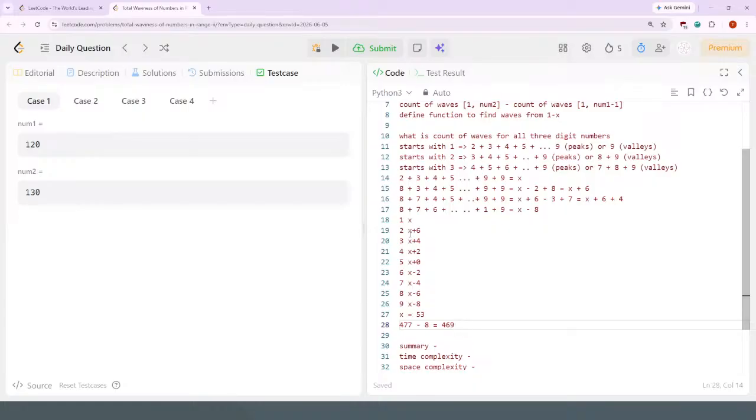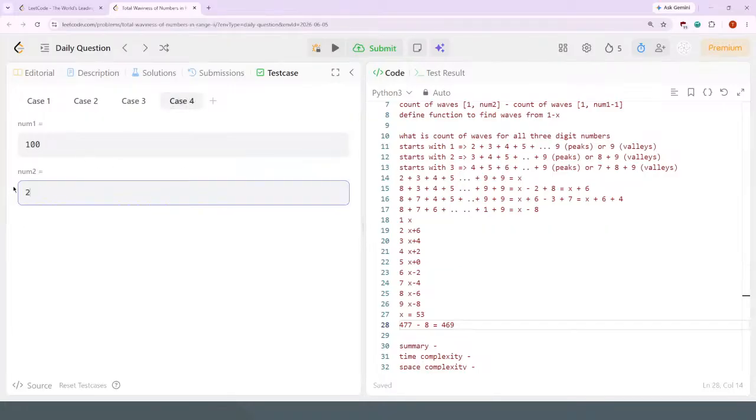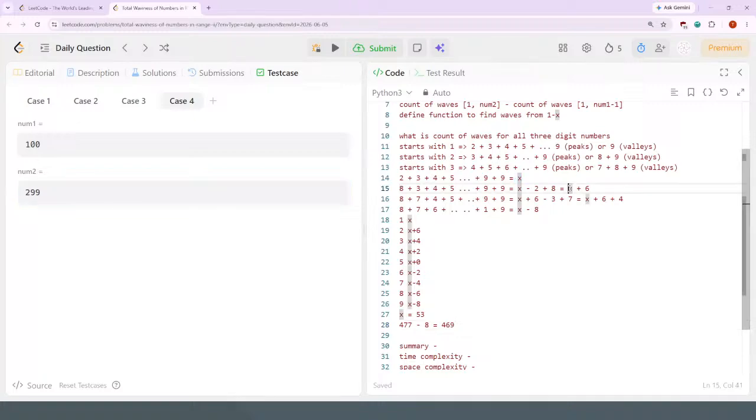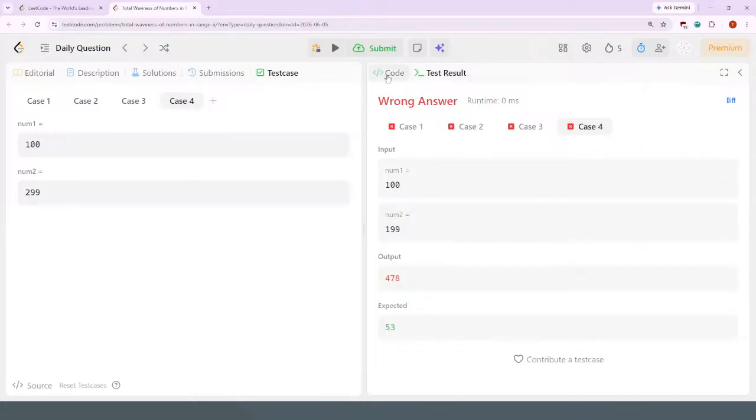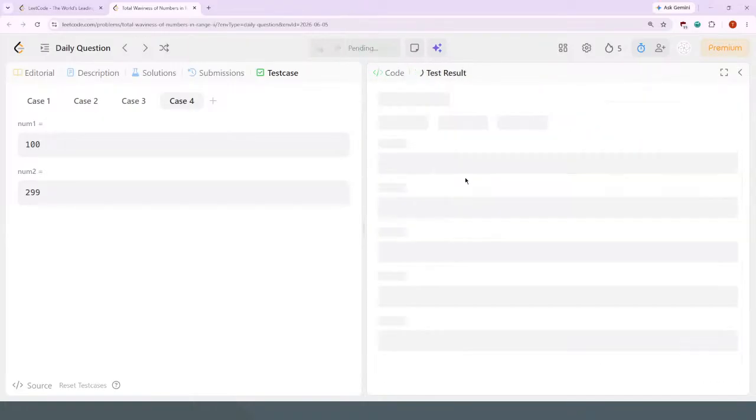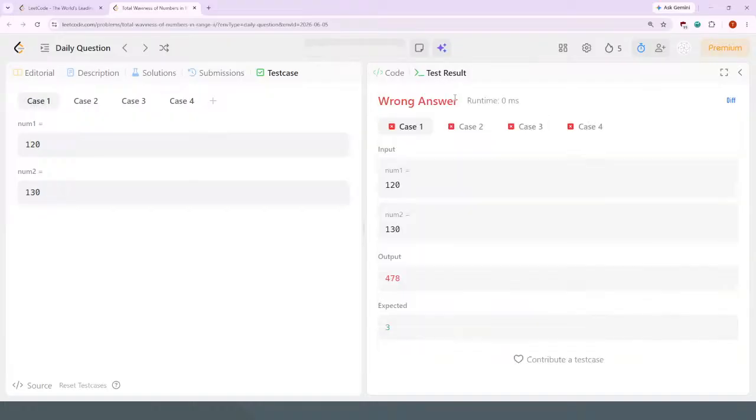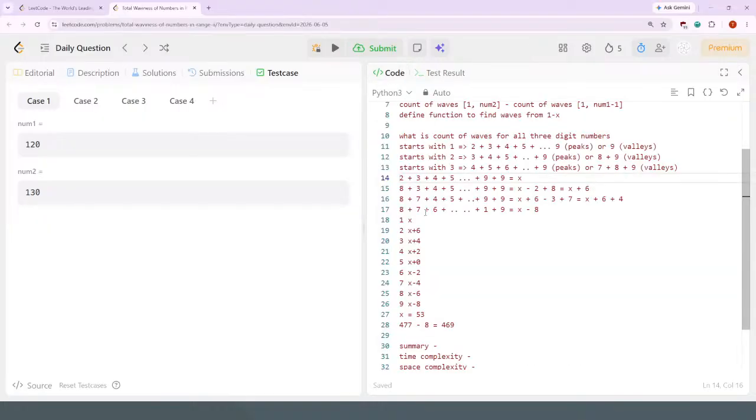I'm missing something. Okay, let's try from 100 to 299. So that should be 53 times 2, 106 plus 6, so 112. Okay, here's 112.